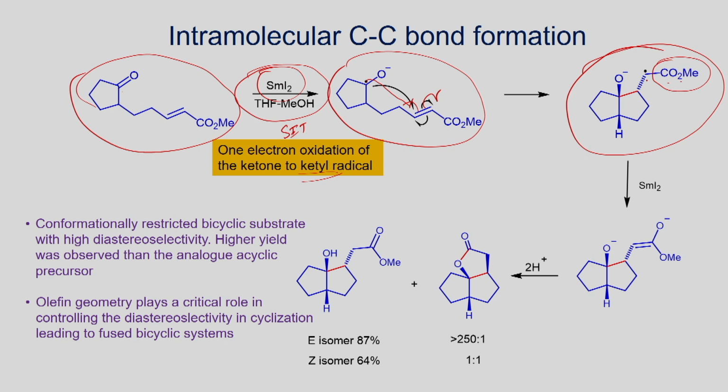The secondary radical now can be converted into a carbanion by a single electron transfer process, the samarium 2 will be converted into samarium 3, and then you will have the carbanion.